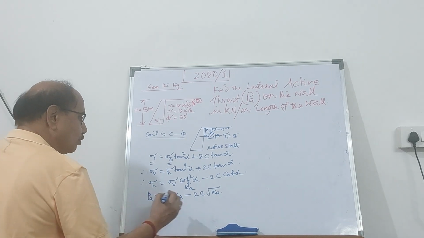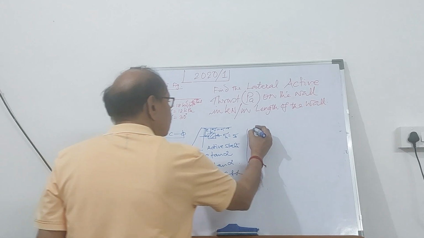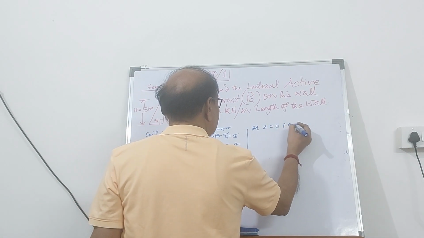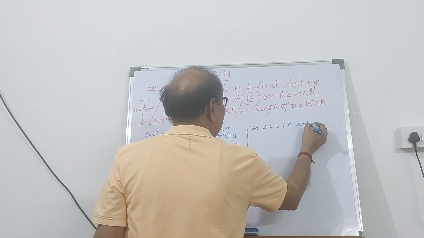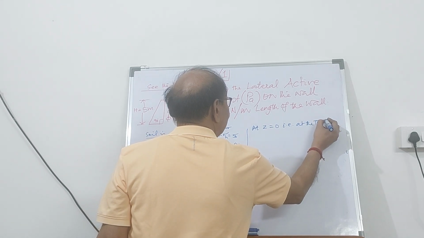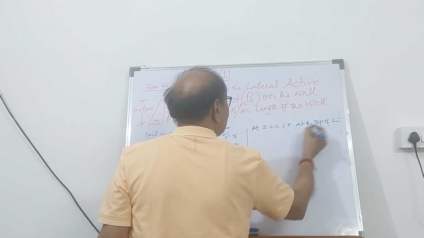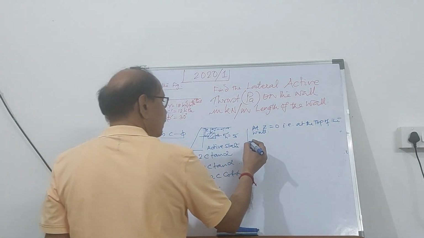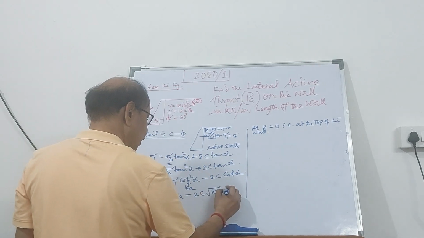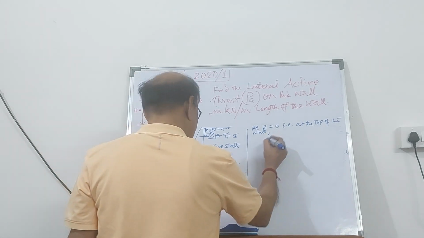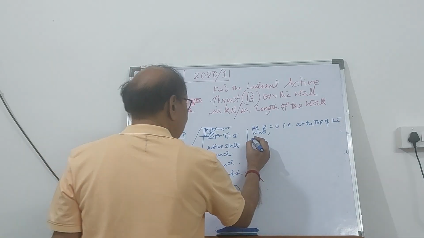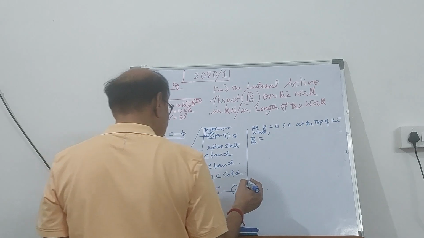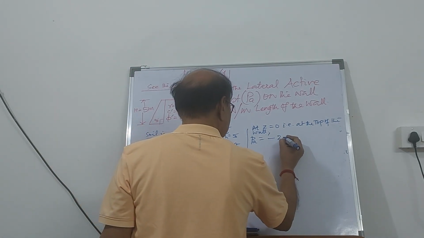So at Z equal to 0, that is at the top of the backfill or top of the wall, here in this equation 1, if you substitute Z equal to 0, the active pressure is going to be negative.